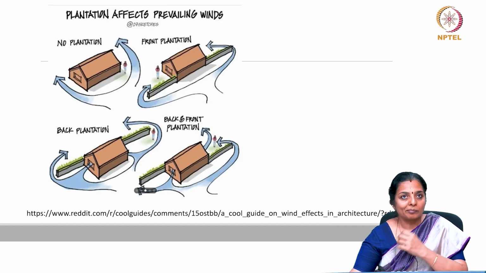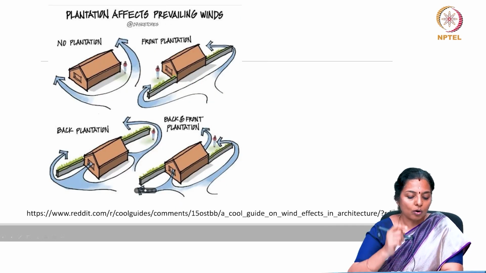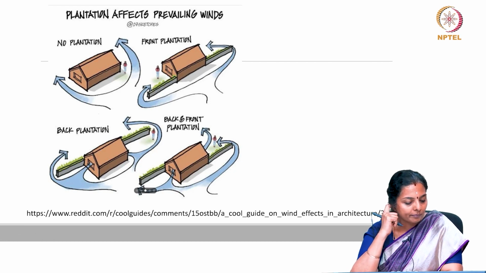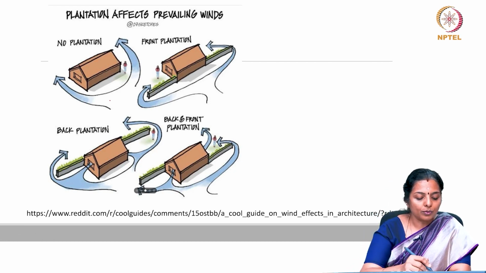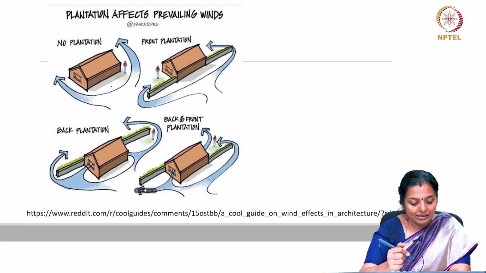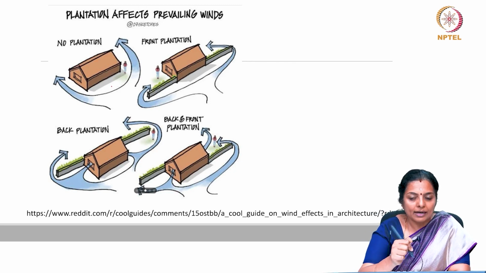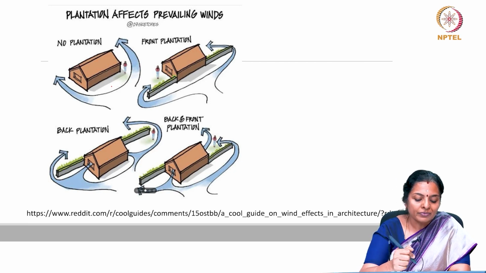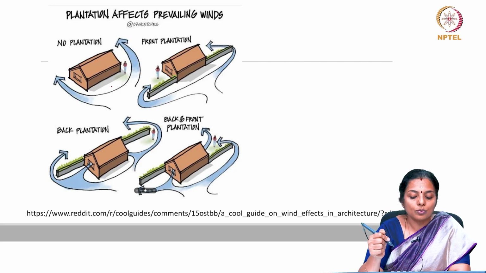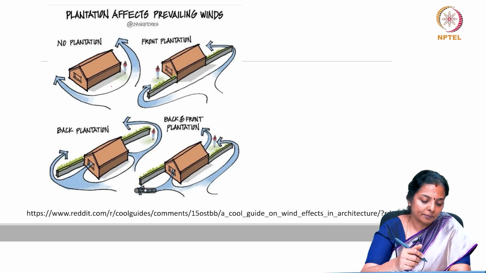Again here, we have already seen that we need to have certain elements outside the house such as vegetation or compound walls, which will aid us in bringing or directing the breeze inside.